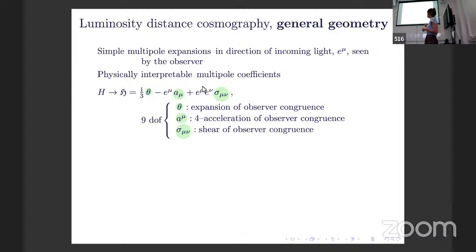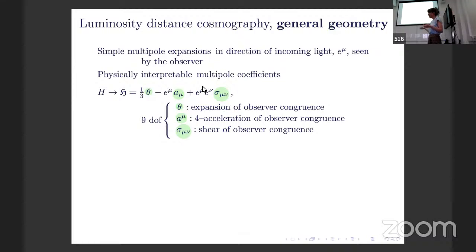So this type of expansion is useful both for gaining physical insights into our effective Hubble parameter, and because there's a natural truncation of the series here. So this is the exact expression that only goes to quadrupolar order, and it means that the effective Hubble parameter is determined by 9 degrees of freedom if you count the number of degrees of freedom going into the contributions here.